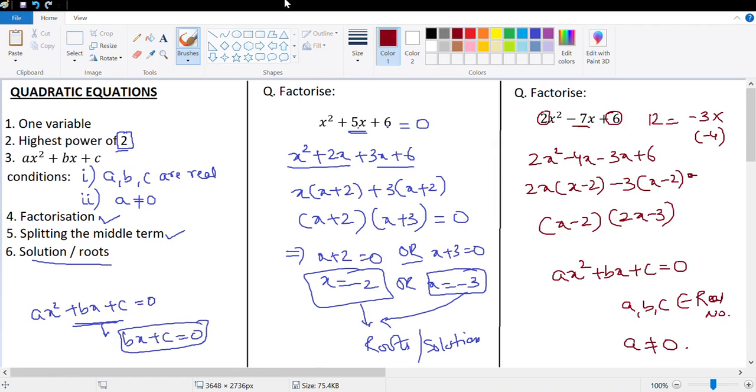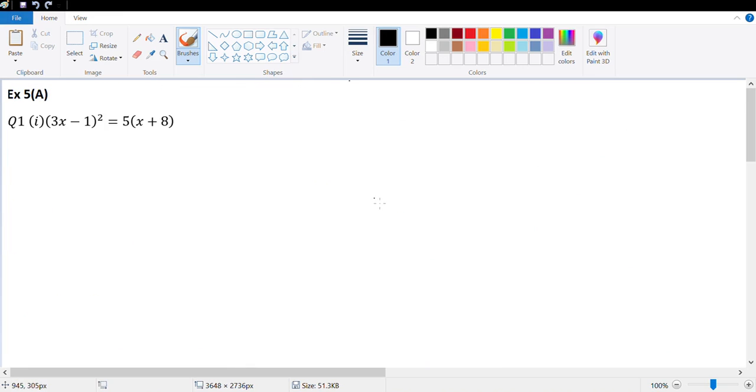Let's look at some questions from your first exercise and let's see what we have. So exercise 5a1, it says find which of the following equations are quadratic. So I'll have to basically open this equation and see if it can be written in the form ax squared plus bx plus c is equal to 0.